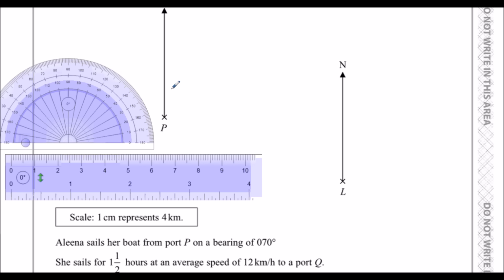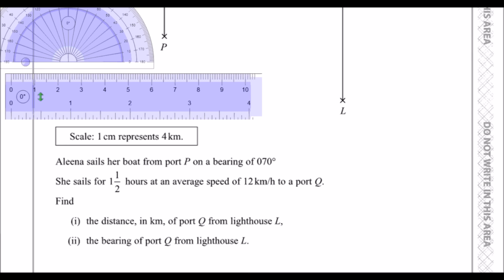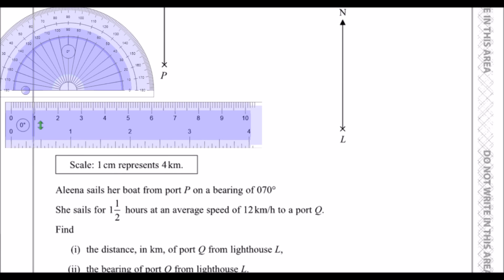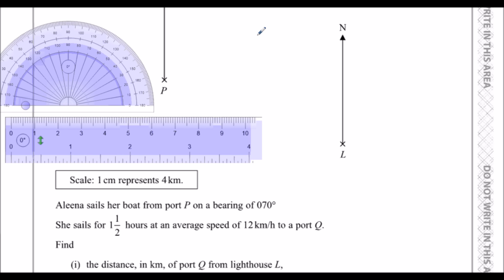So from port P, that means from the north line, 70 degrees. She sails for 1.5 hours at an average speed of 12 kilometers per hour to port Q. So we need to draw on port Q, and then we're going to find the distance of Q to L. So Q's over here somewhere.